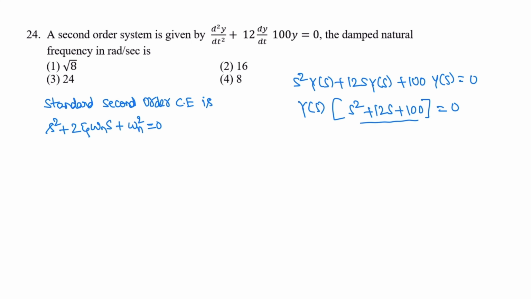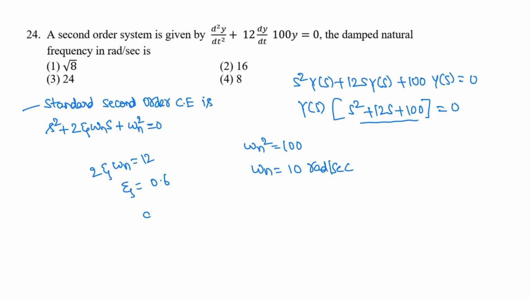Compare this characteristic equation with the standard second order characteristic equation. So from this, omega n square is 100. So omega n, the natural frequency, is 10 radian per second. Now 2 zeta omega n is 12. From this, zeta, the damping ratio, is 0.6.